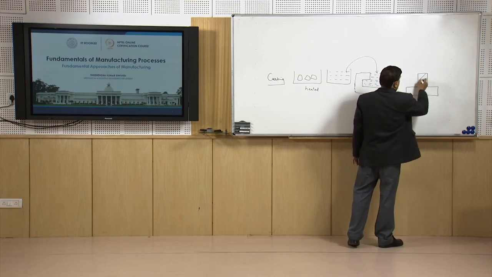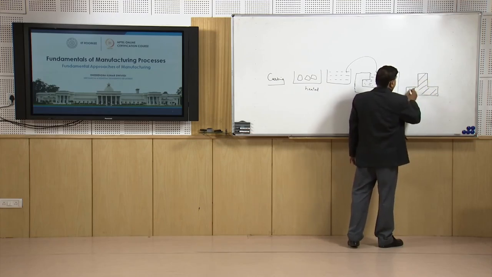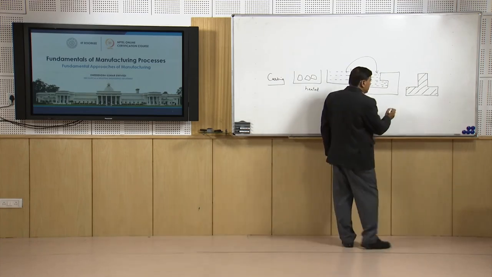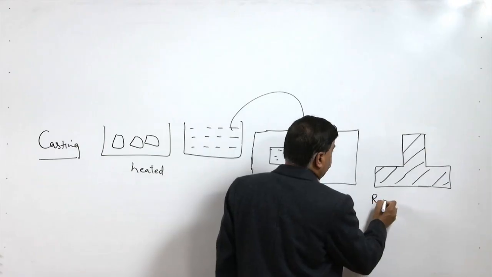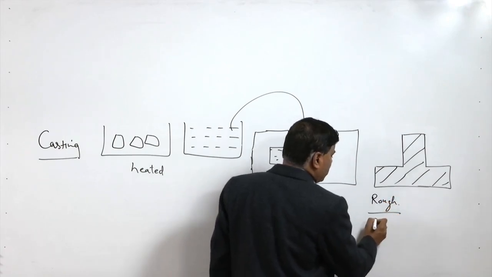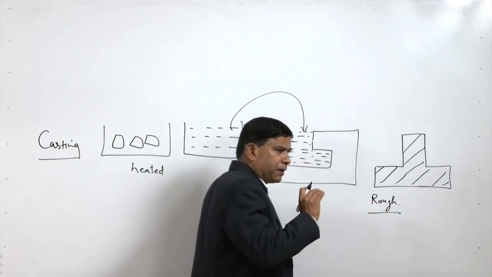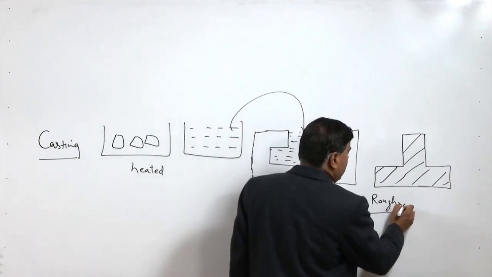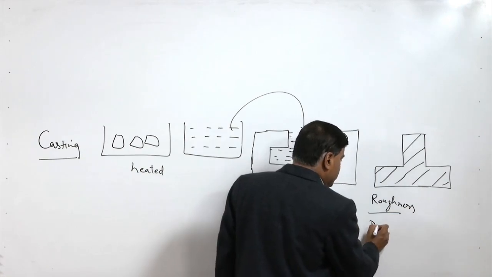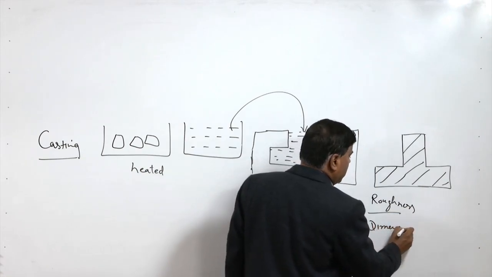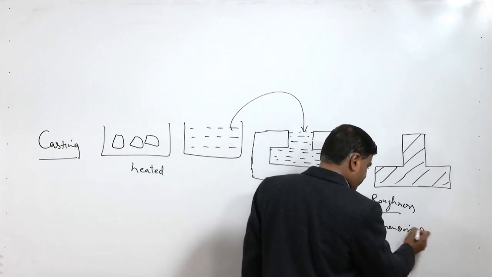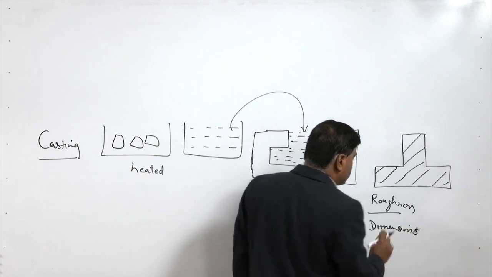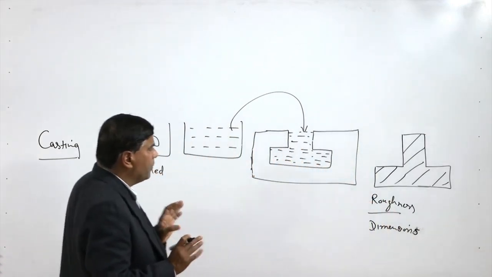So, this is how we get the desired shape, but the product which is made by casting is usually rough and not very close to the dimensions desired. So, roughness is high and the dimensions are not very close to the required ones. So, what is needed?